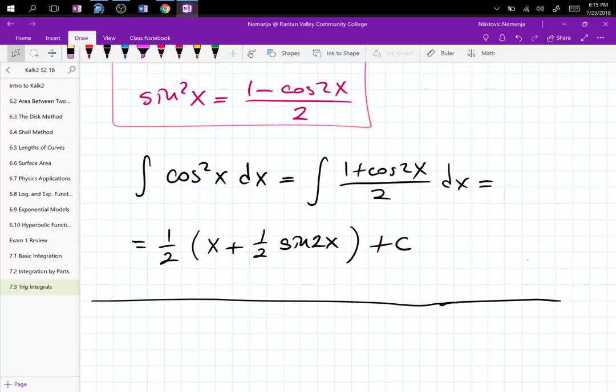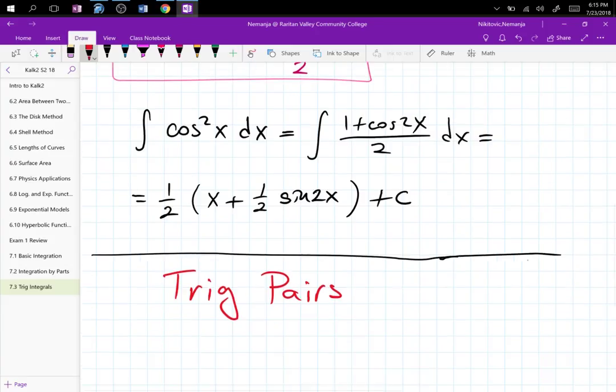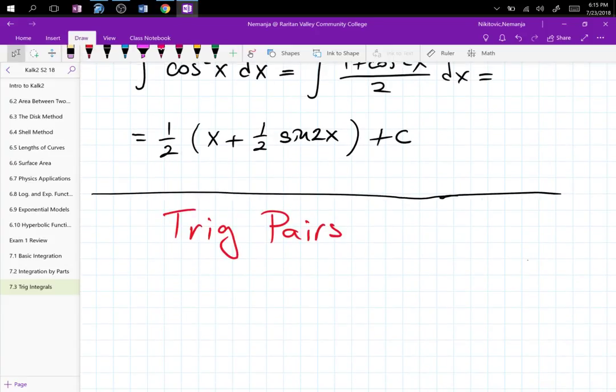The next very important thing is to remember trig pairs. Throughout the entire thing, whether you're taking derivatives or integrals, you will always end up in the same pair.